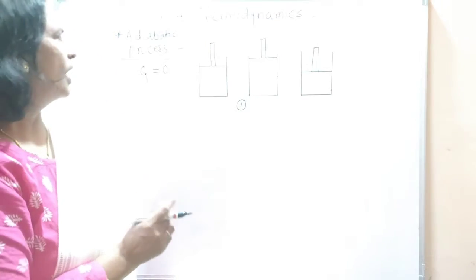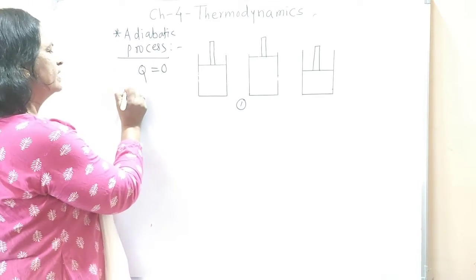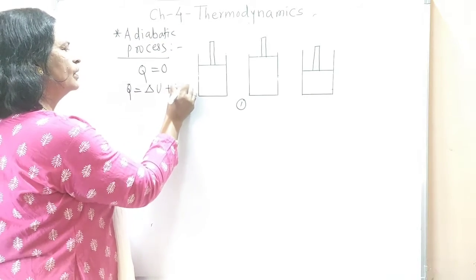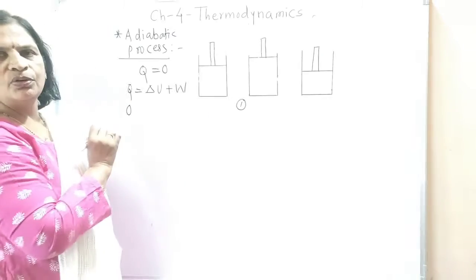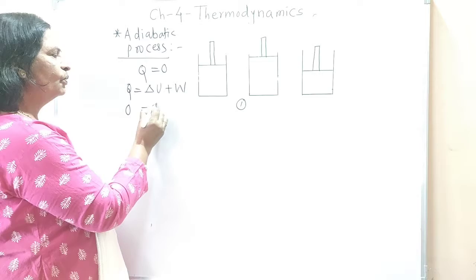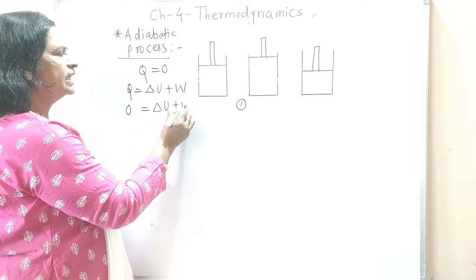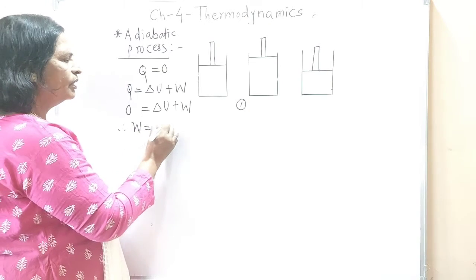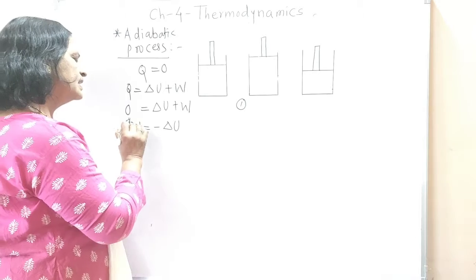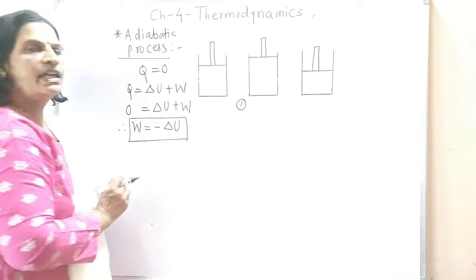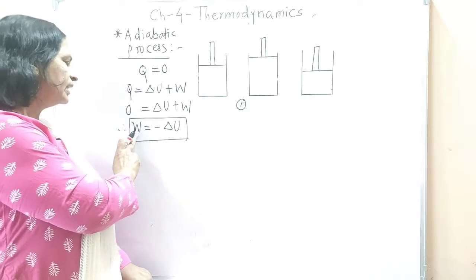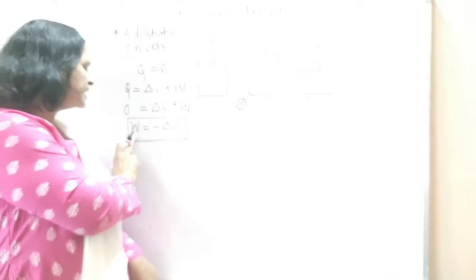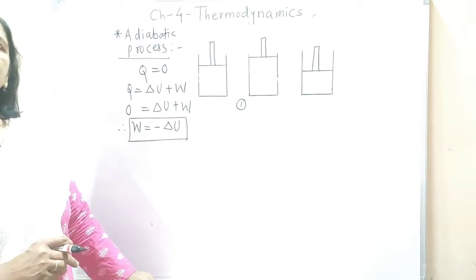Okay. According to first law of thermodynamics, Q is equal to delta U plus W. Means if Q is equal to 0, then delta U plus W is equal to 0, and that is nothing but W is equal to minus delta U. Means in case of adiabatic process, when work done is positive, internal energy change is negative, or when work done is negative, internal energy change is positive.